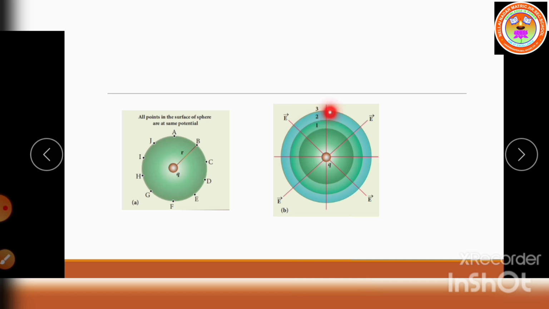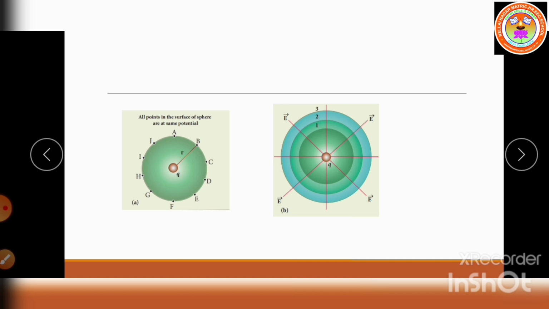But the first sphere and the second sphere do not have the same potential. The value of the potential is different for different spheres. It is very important: for two different spheres, we cannot say both have the same value.